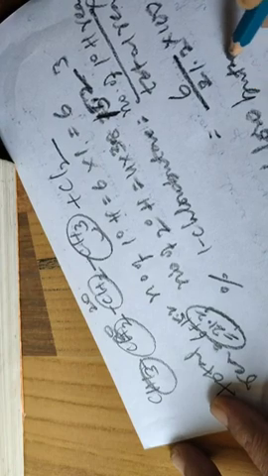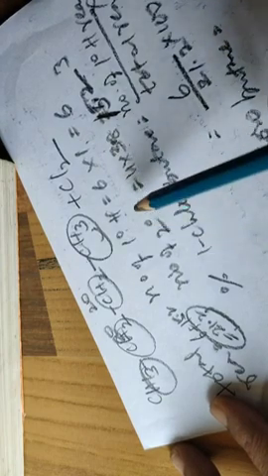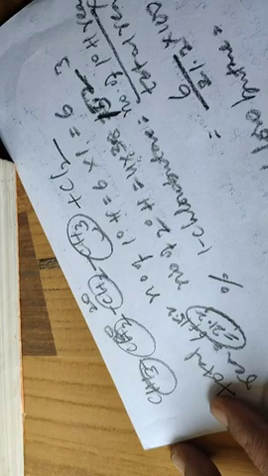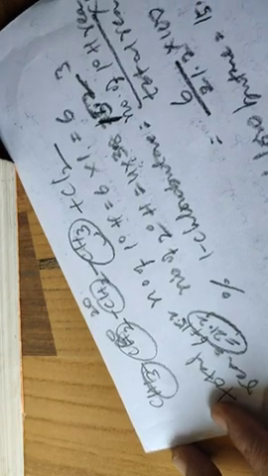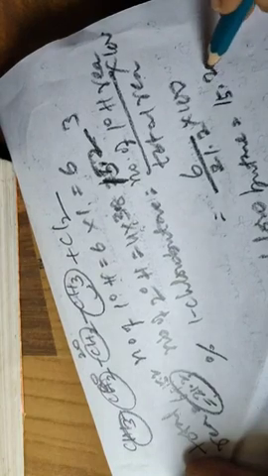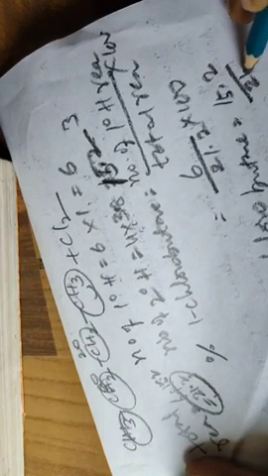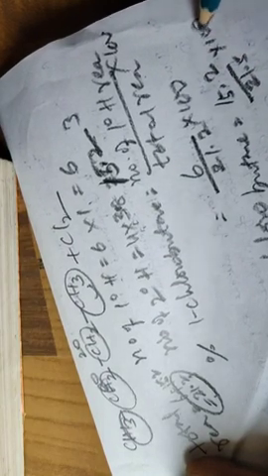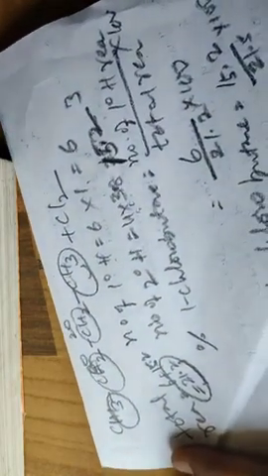Next, the percentage of 2-chlorobutane: there are 4 secondary hydrogens, their reactivity is 15.2, divided by 21.2 into 100. So which is the major product, 2-chlorobutane or 1-chlorobutane?